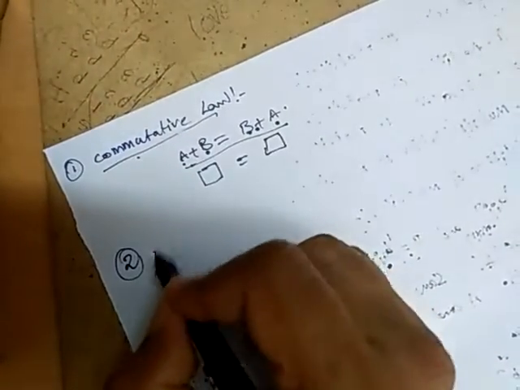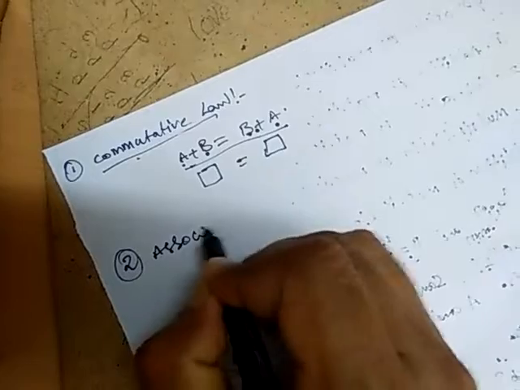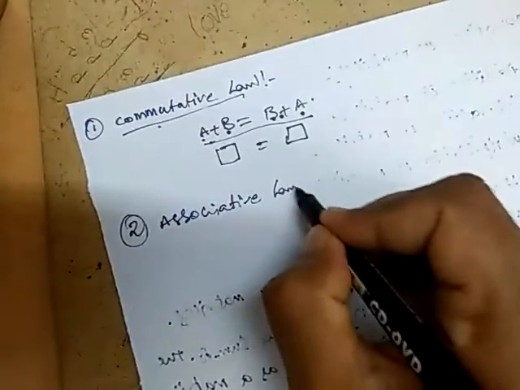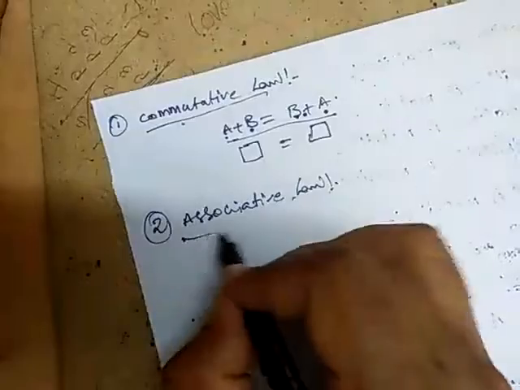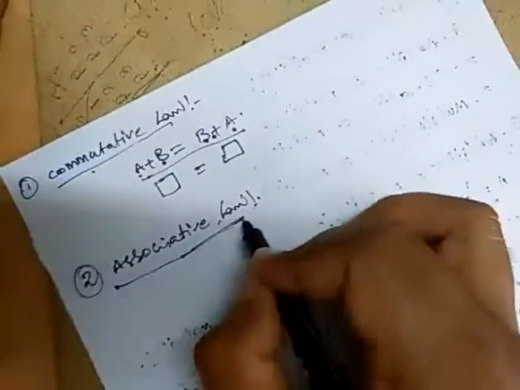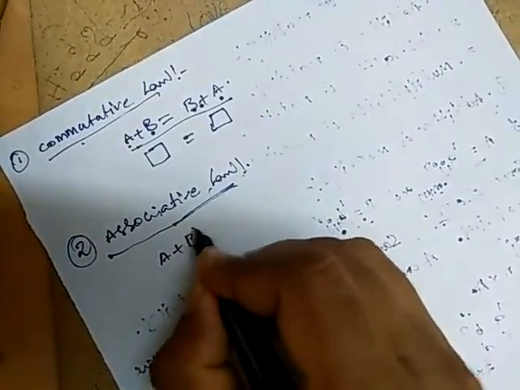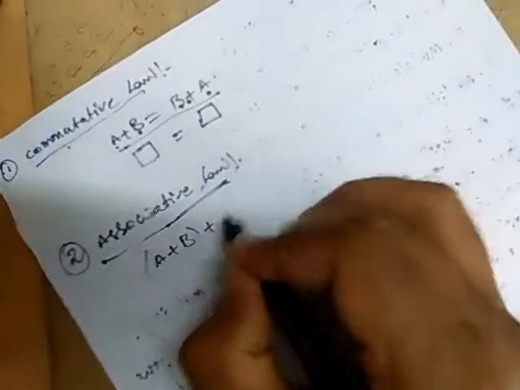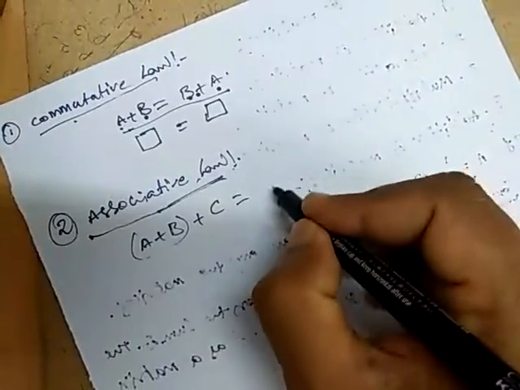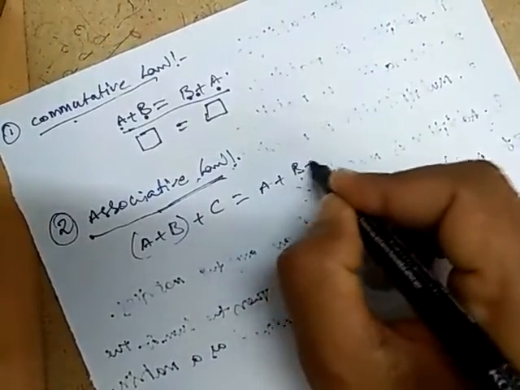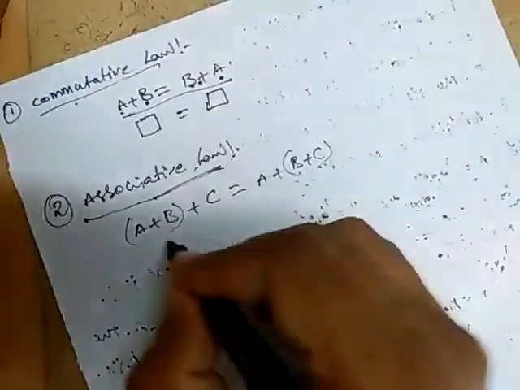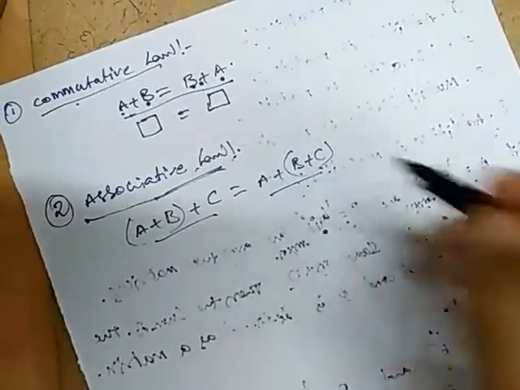Second property, associative law. Associative law means (A plus B) plus C equals A plus (B plus C). LHS equals RHS.